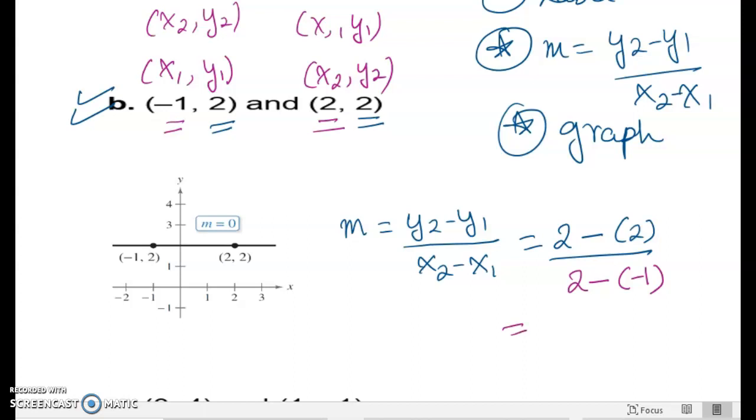If I simplify it, 2 minus 2 will generate 0 and this will be 3. Because we have a 0 in the numerator, everything will become 0 and it will have a horizontal slope.